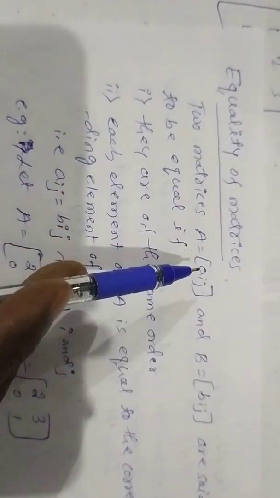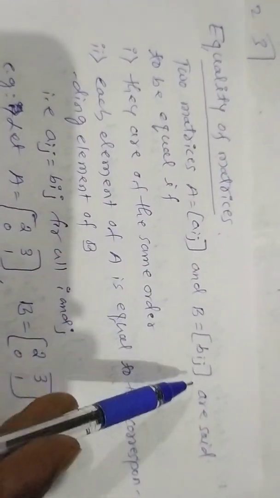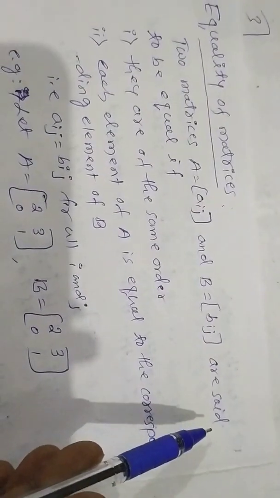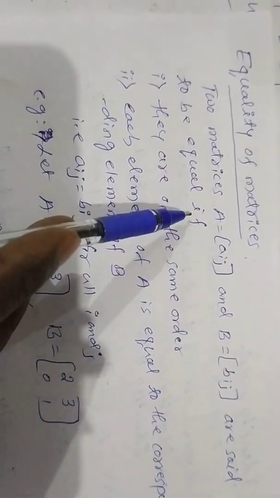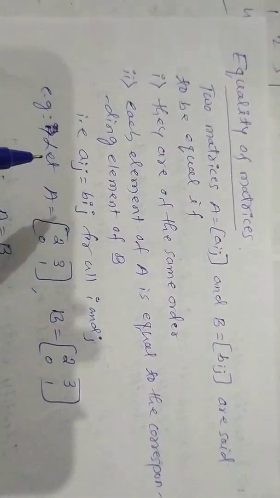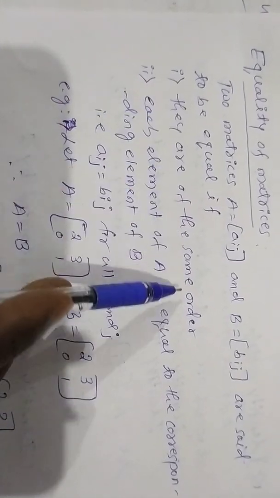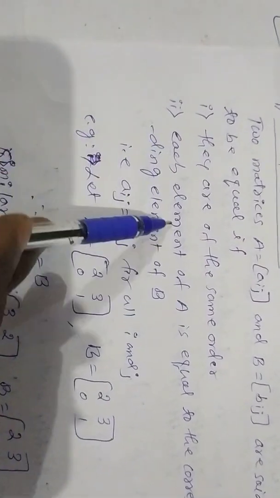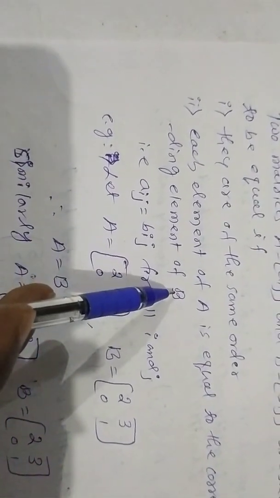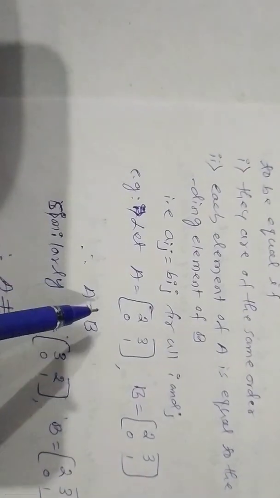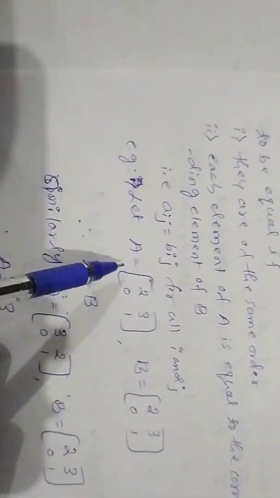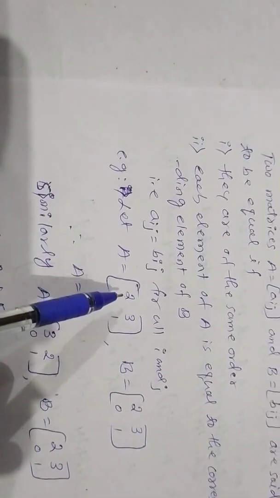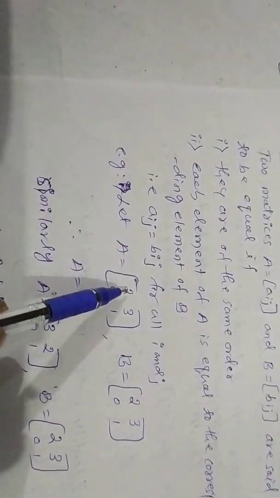Two matrices A equals Aij and B equals Bij are said to be equal if they are of the same order, that is, they have the same order, and each element of A is equal to the corresponding element of B. See here, we have two matrices A and B. According to the definition, the condition is that the order of the two matrices is the same.